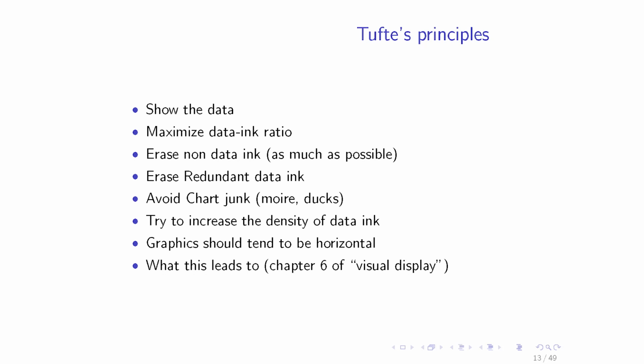So his view, and I think people might disagree on that, is that you want to have as little non-data ink as possible, and you want to have a lot of data ink. So his view is that graphs should be dense, very dense, with lots and lots of information. These are different views, right?